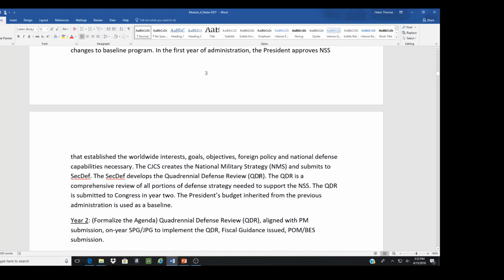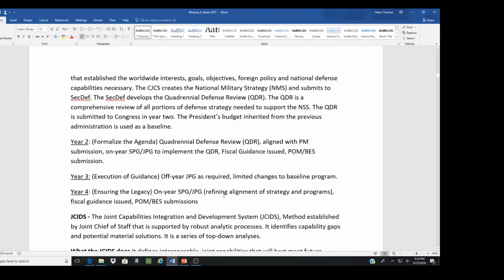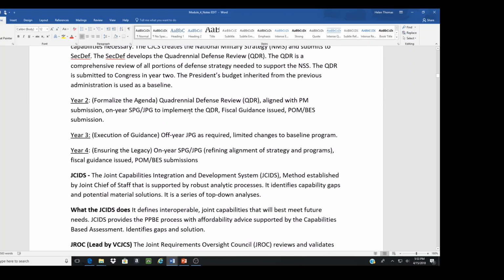That's that comprehensive strategic defense document that is published by the Department of Defense. Year 2, the QDR aligns with program management, 1 year strategic programming guidance, joint programming guidance, implement the QDR. So these are just the guidance, the fiscal guidance, the budget guidance, the programming guidance for development of the POM and the BES.